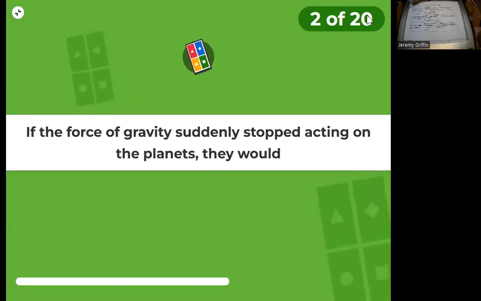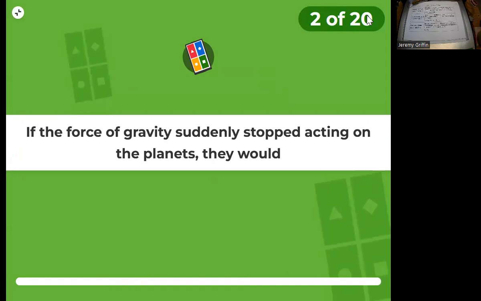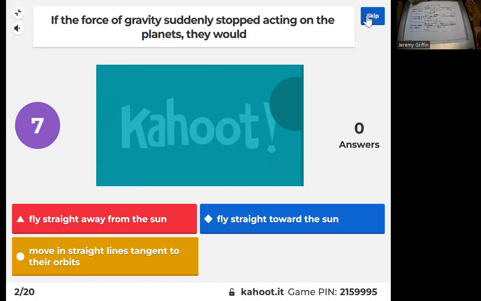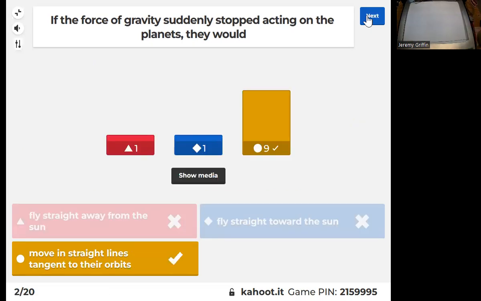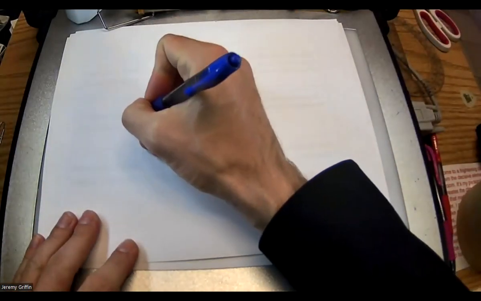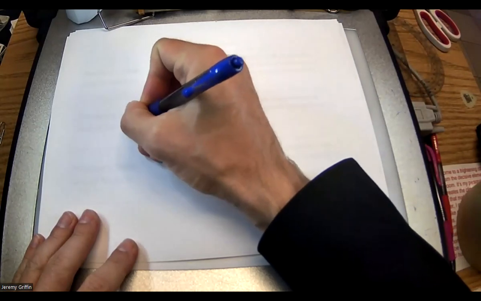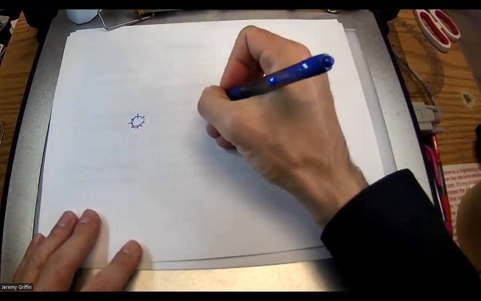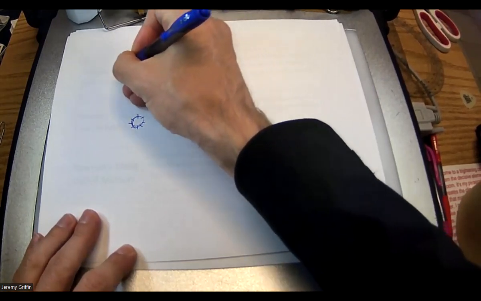If the force of gravity suddenly stopped acting on the planets... Yeah, you guys got that. That is really good. This one would have worked better with a picture, so let me draw this out for you. Suppose you have a star like the sun, and a planet orbiting it.